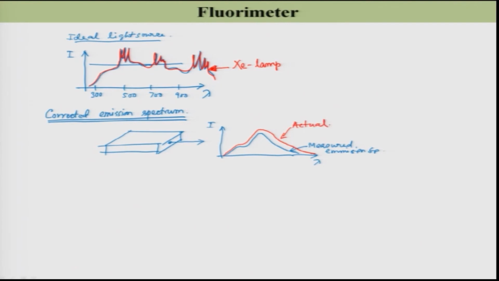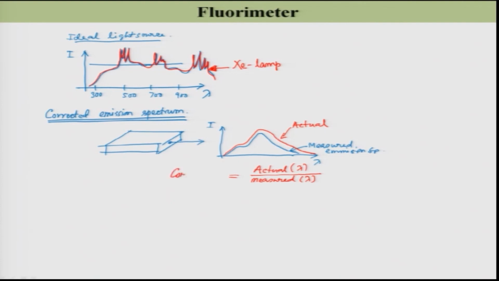So, what you can do is simply generate one curve by dividing actual by measured. If you do it this way, actual by measured, you will get, obviously at a particular lambda, the correction file.